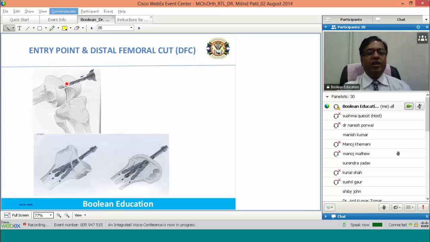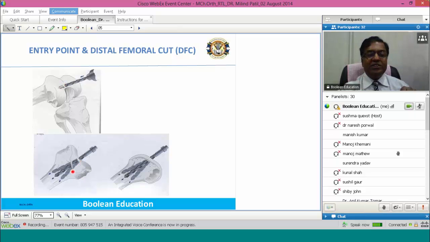Go back to the X-ray viewing box, see the AP and lateral X-ray, and find out the proper midline on both the X-ray. Say suppose on this lateral X-ray, you are able to see this is the width of the bone, and take a midpoint of that and draw a line. If that line comes at this point, then this is your entry point.